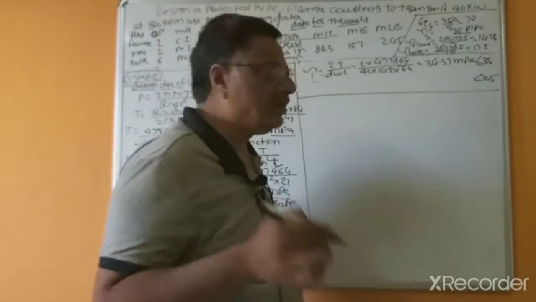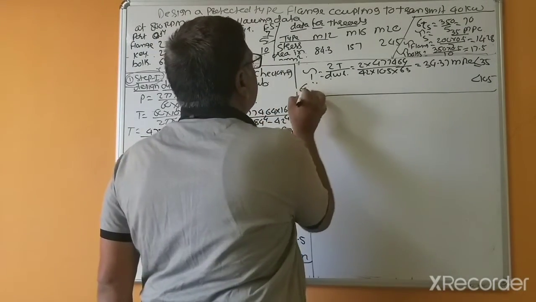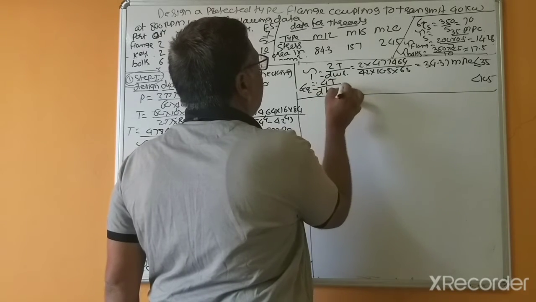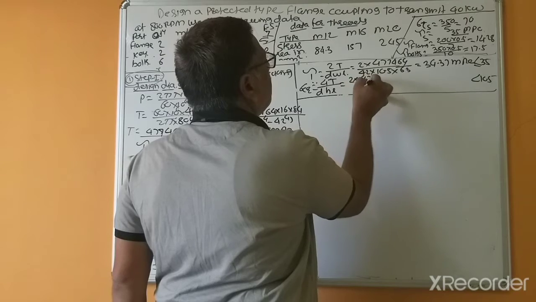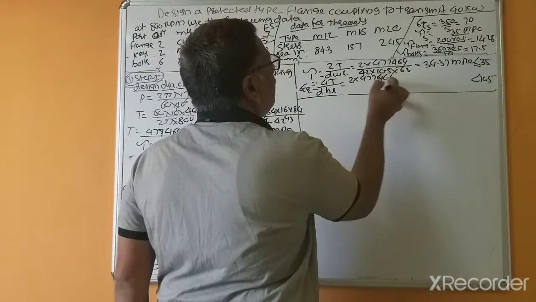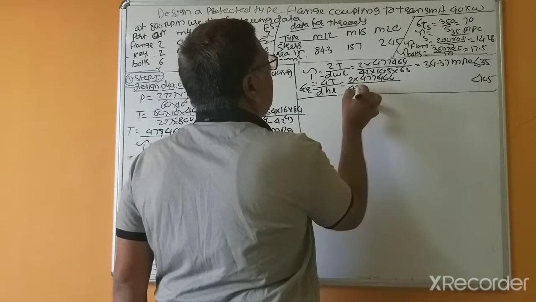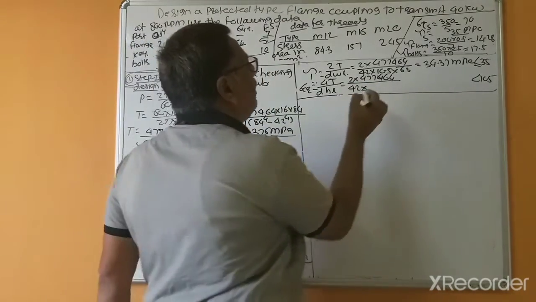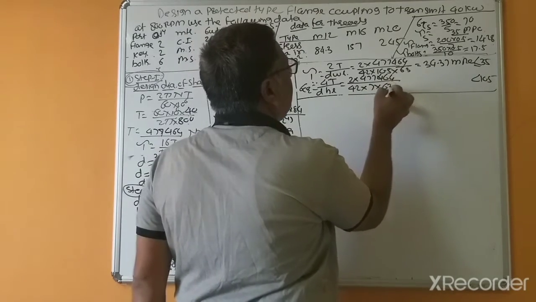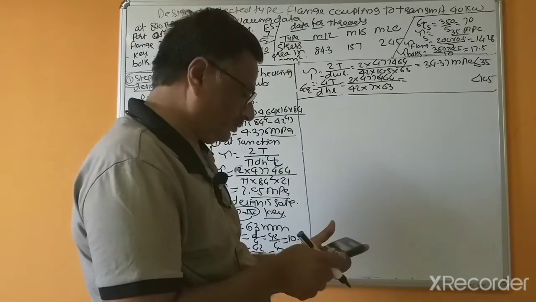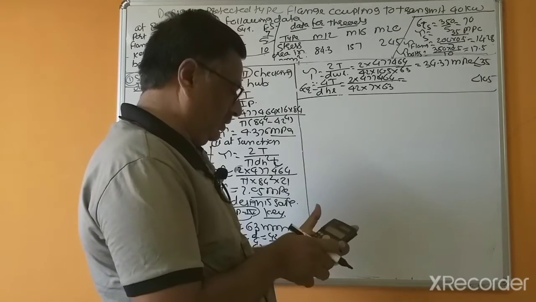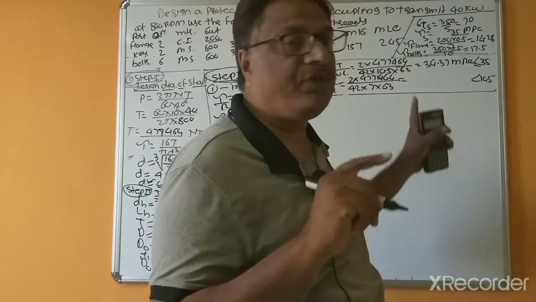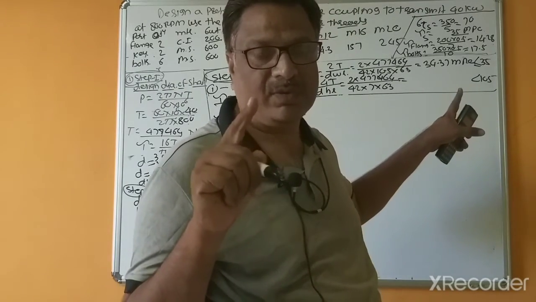Crushing stress equal to 4T divided by DHL, 477,464 divided by 42. H equal to height 7 mm and length 63. Always remember, crushing stress you take minimum 1.5 times or 2 times.